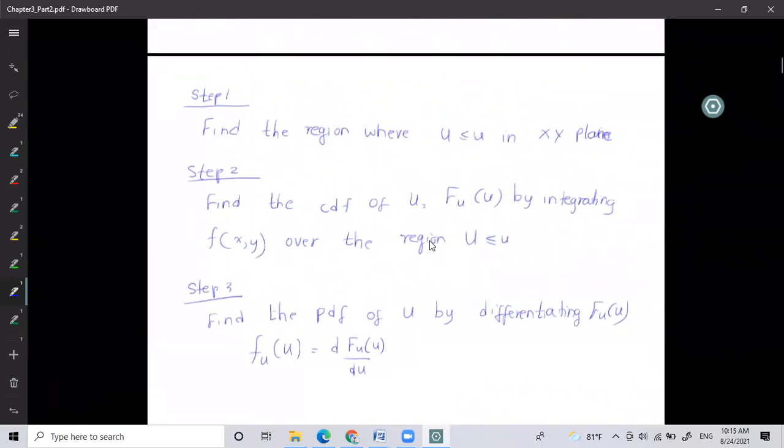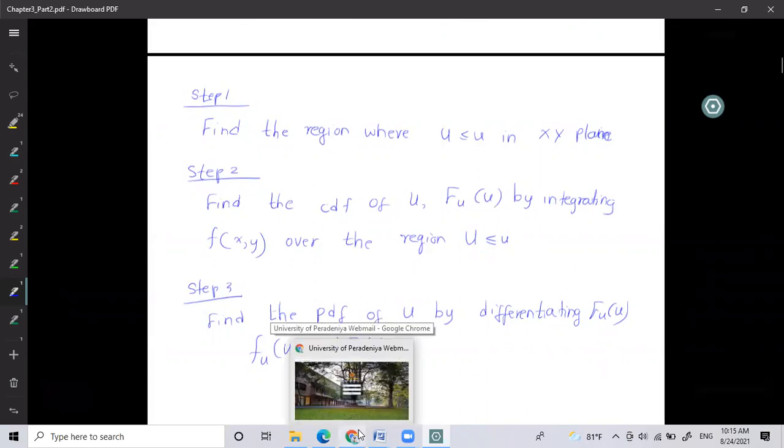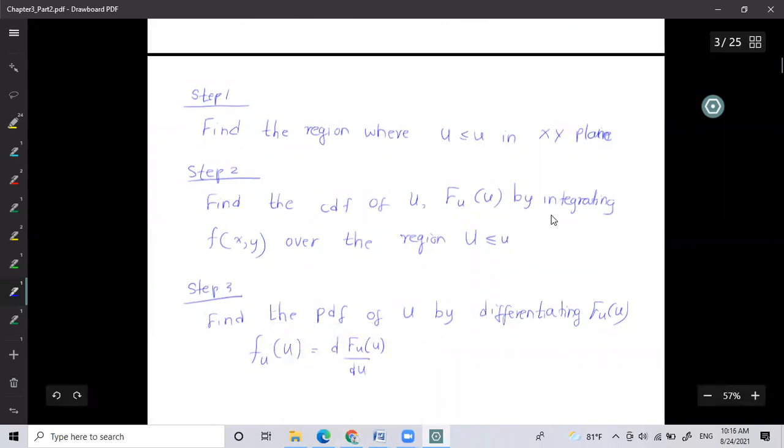When you do these types of questions or examples, it is very important that you identify the region. In any case, the region is important. Depending on the region of x and y, you have to find the region of u in the correct way. This can be done with respect to y or with respect to x.